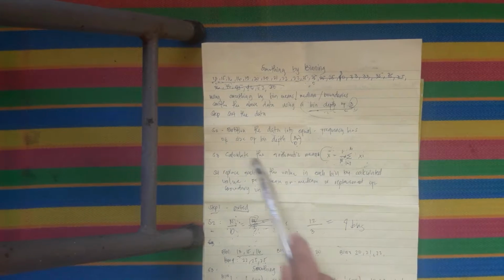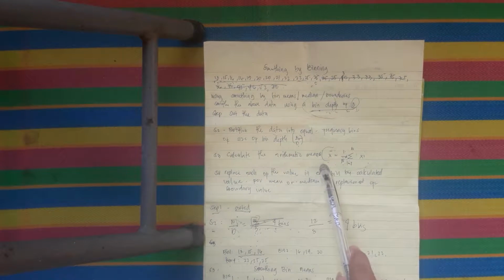The third step is to calculate the arithmetic means using this formula. Then step 4 is to replace each value in each bin by the calculated mean or median, or by the boundary value. Okay, so now we have the steps.